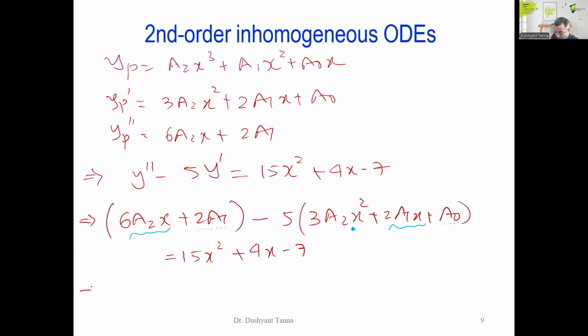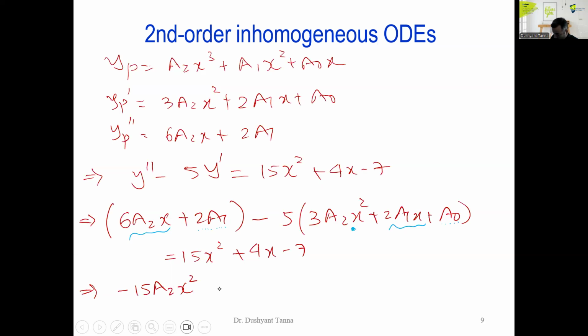Okay. Right. So let's start with x squared term, that is minus 15 a2x squared plus we got 6a2 minus 10a1x minus 5a0.